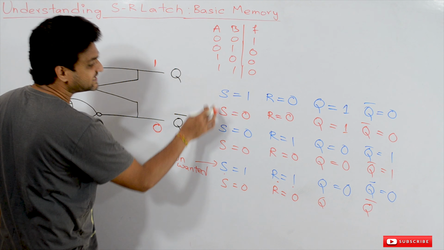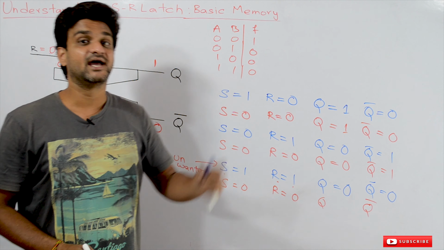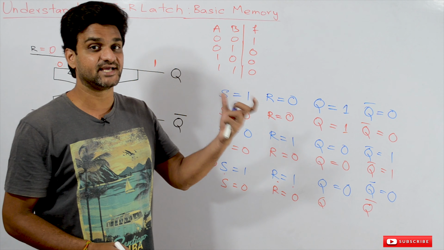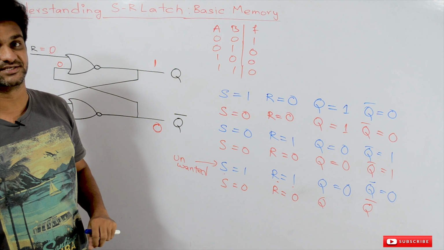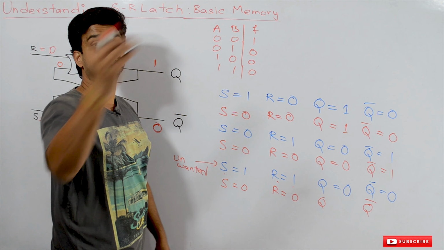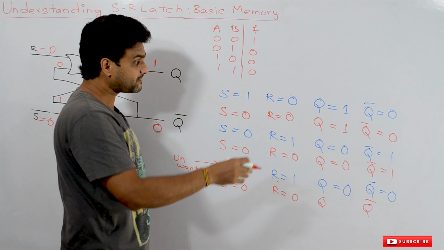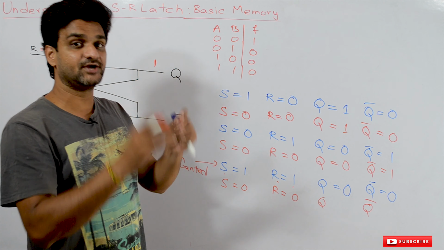So what do S and R stand for? S stands for set and R stands for reset. So the name of this latch is the set and reset latch. Whenever the value of S is equal to 1, we are setting the memory to 1. Whenever the value of R is equal to 1, we are resetting the memory to 0.